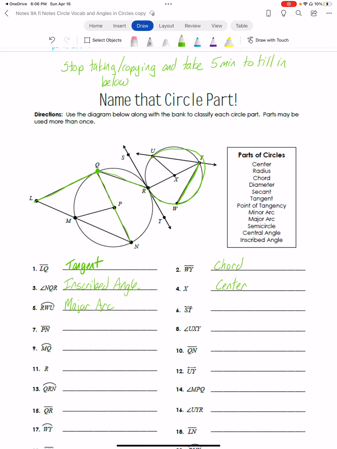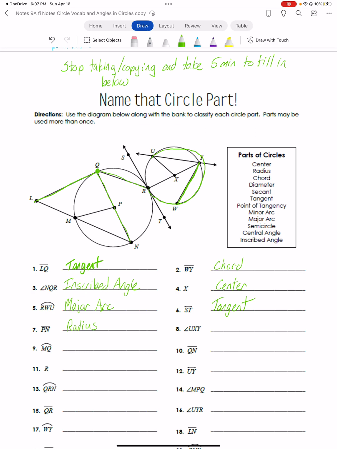Okay, ST is a point of tangency. Oh, it's just a tangent. It's a tangent because it only intersects each circle in 1 point. PN is a radius.